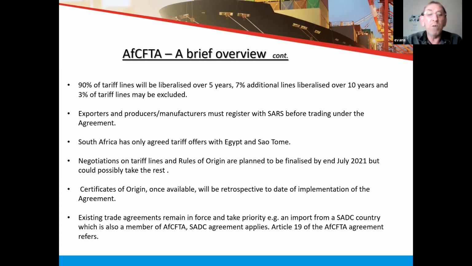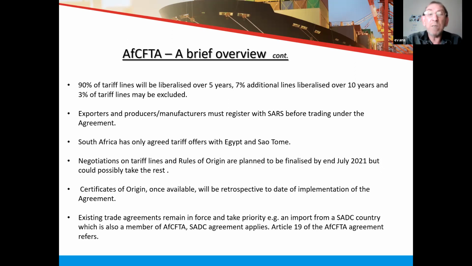Tariff lines refer to goods that are in your tariff headings in Schedule 1 of your tariff book. So 90% of tariff headings will be liberalized over 5 years. That means at least 90% of tariff headings referring to this trade agreement will have a reduction in duties.